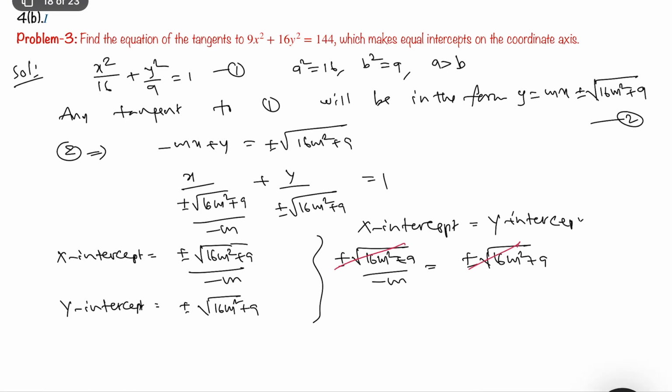Here these two get cancelled. Then we will have -m = 1, that implies m = -1.